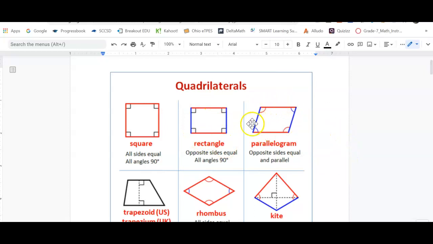Parallelogram does not say anything about the angles. Okay, it just says opposite sides are equal and parallel, but that's it. So technically, a square is also a rectangle, a square is also a parallelogram, a square is also a quadrilateral.